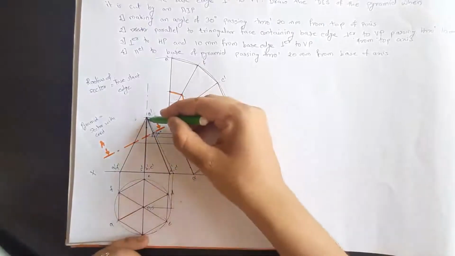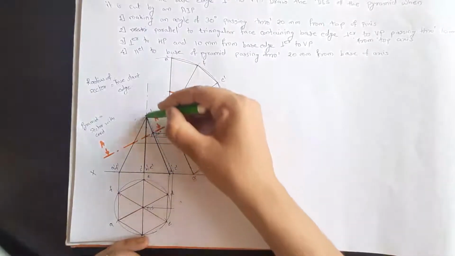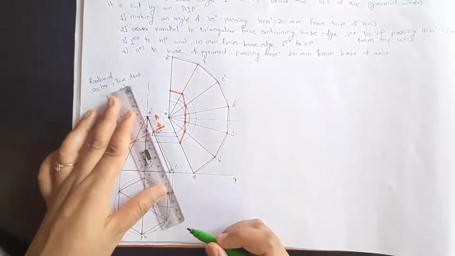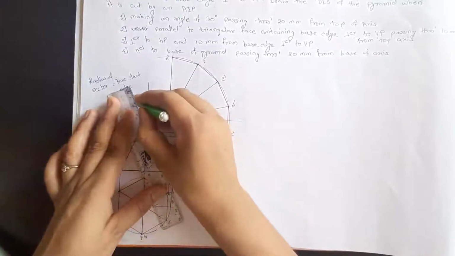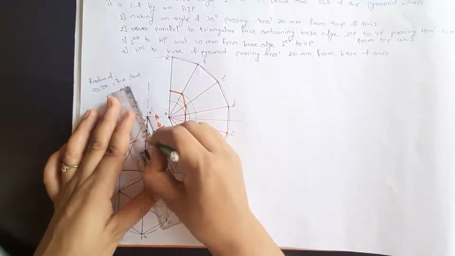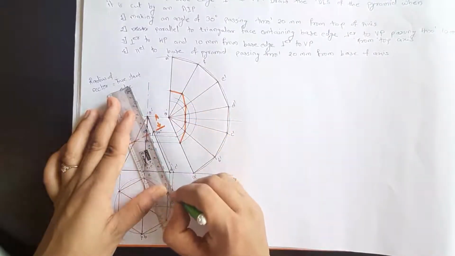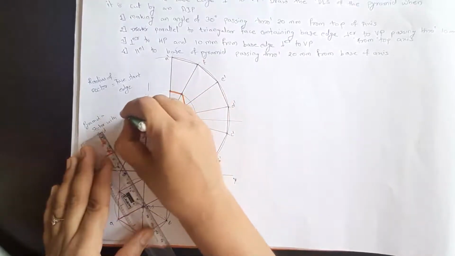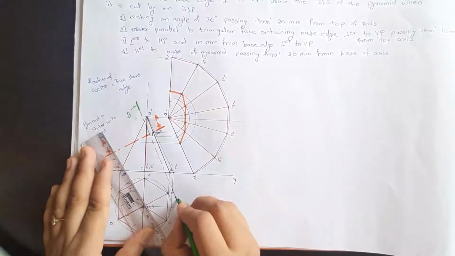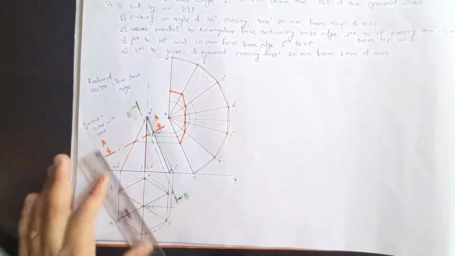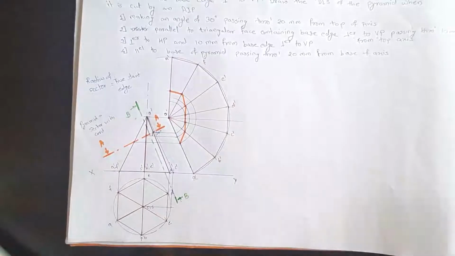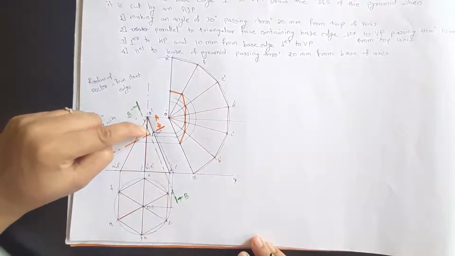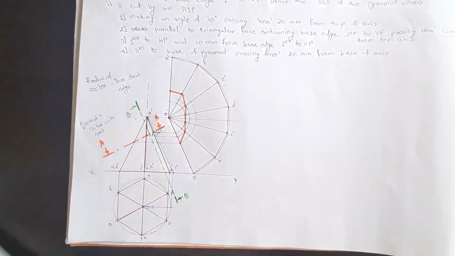So COD triangular surface in a front view means this line. So let's draw a cutting plane parallel to this and passing through the marked point. Okay, so cutting plane BB is parallel to the triangular face O dash D dash C dash and passing through 10 mm from the top of axis.